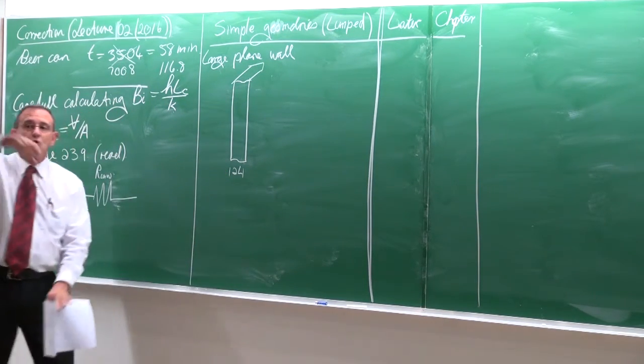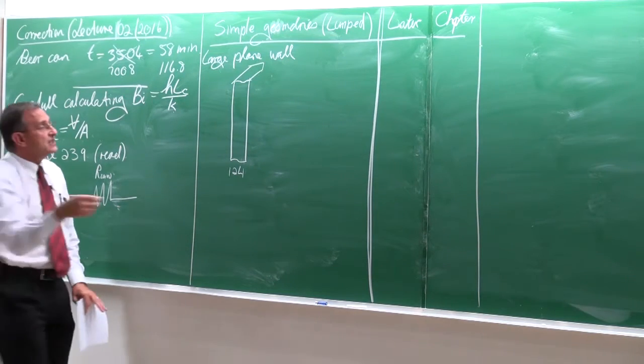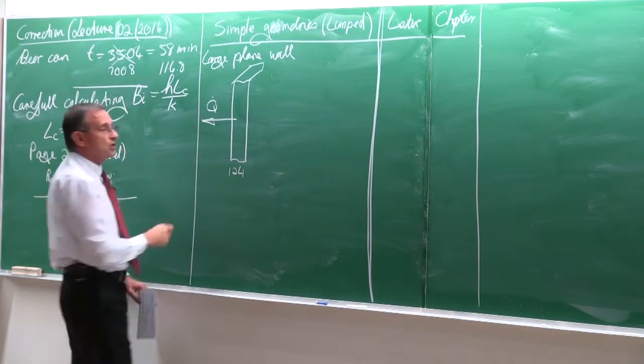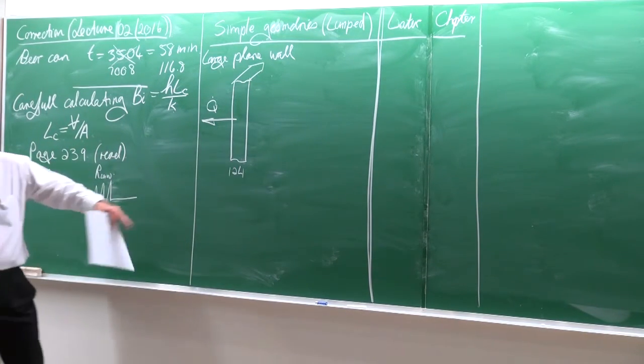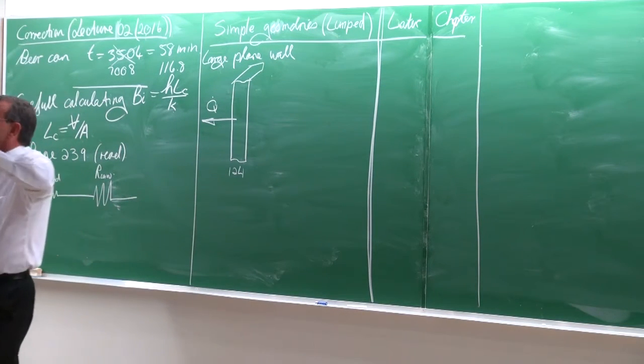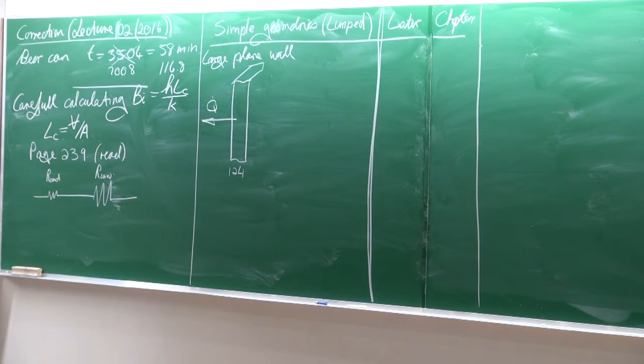Because it is so long, the heat transfer is going to be predominantly in one direction. So it is one-dimensional heat transfer. What is happening on the sides is not important. Primarily, we know that the heat transfer is in one direction.